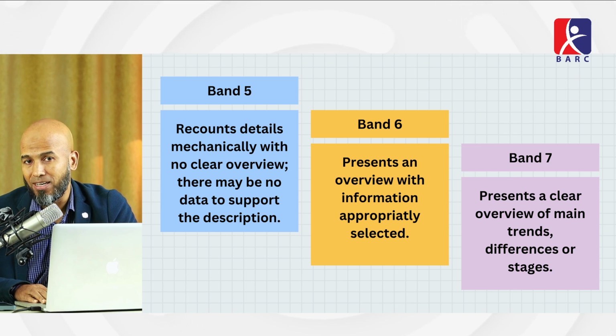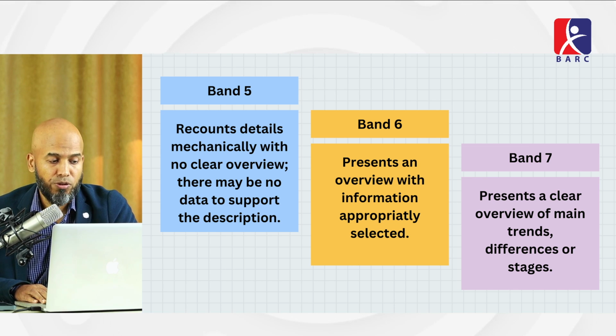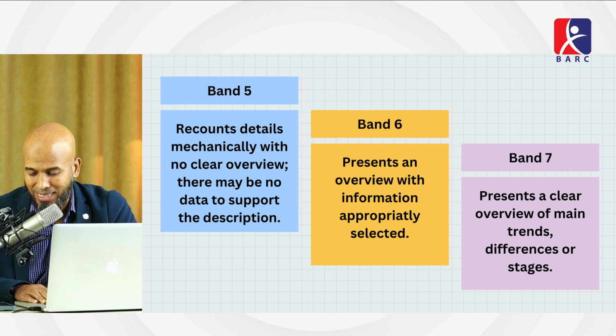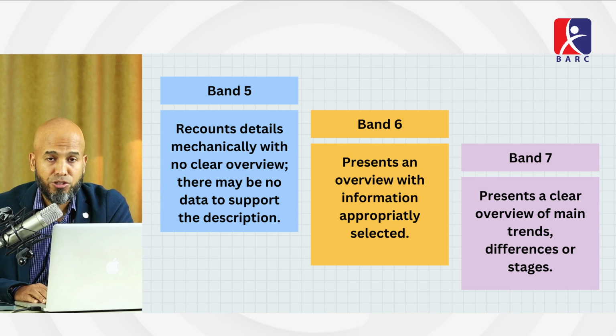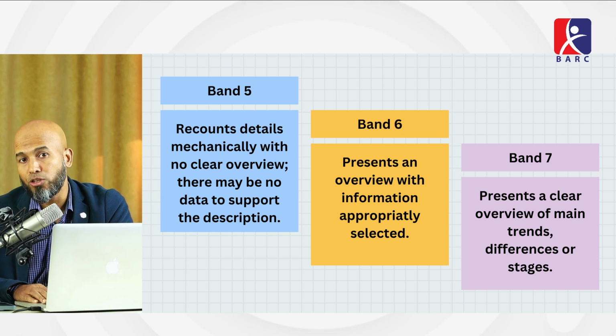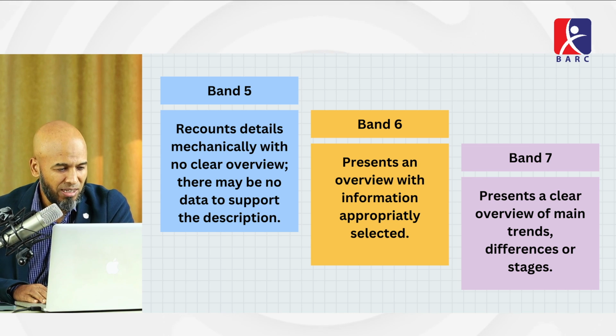So you see, again, overview is very important. If you write mechanically, like if you are pushing it, instead of understanding what you need to include, then it is going to be a band 5. Okay, there may be no data to support the description.